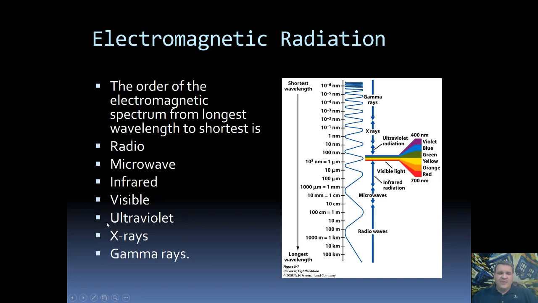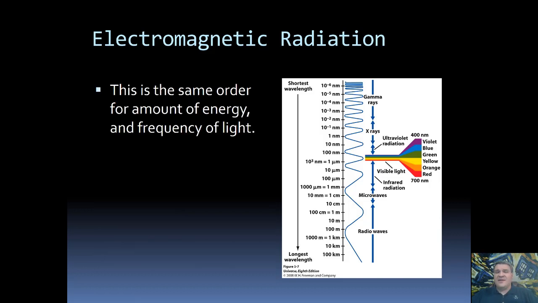After visible light, we then have ultraviolet. Then even shorter than ultraviolet are X-rays, and then even shorter than X-rays, and the shortest of all electromagnetic waves, are gamma rays. Gamma rays have the very shortest of all the wavelengths.